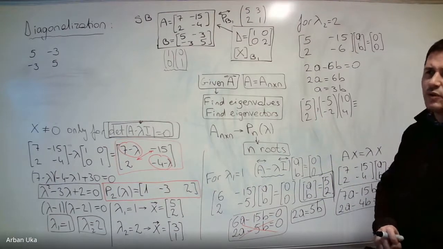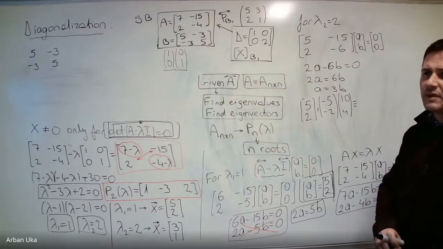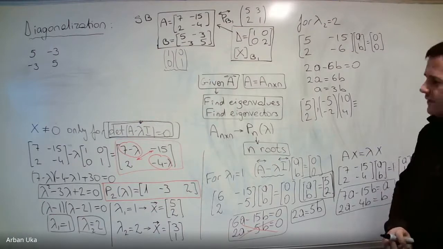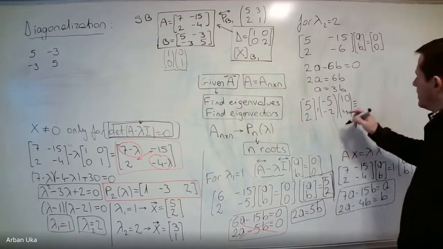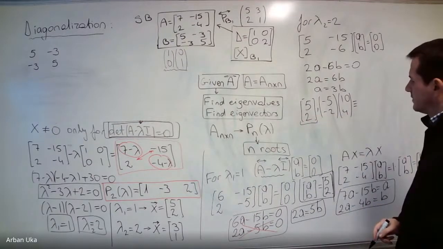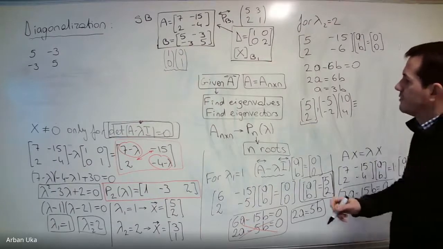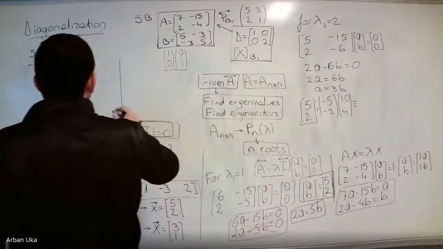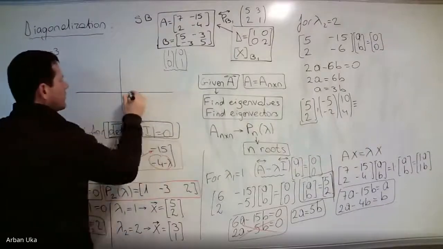How can we normalize this vector? This means that we want to express that vector as having length 1. What is the magnitude of this vector, 5, 2? What is the length of the vector? The square root of 29.